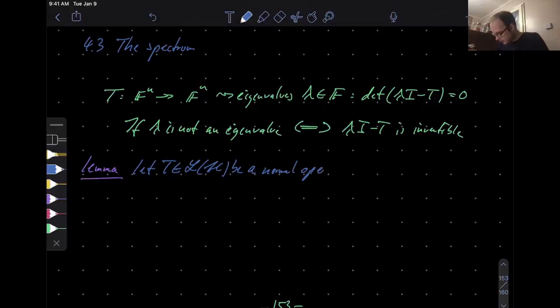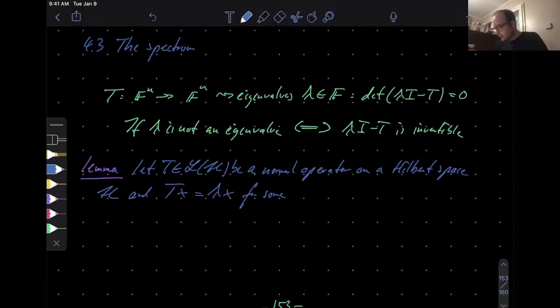So that's the guy that commutes with its adjoint on a Hilbert space H. Yeah, for the adjoint we need a Hilbert space H, either over the real or complex number field, and suppose Tx is equal to lambda x for some lambda in F, x in H. Alright, so in linear algebra this is what you would call an eigenvalue, eigenvector pair, but here at this point we don't have that terminology yet.